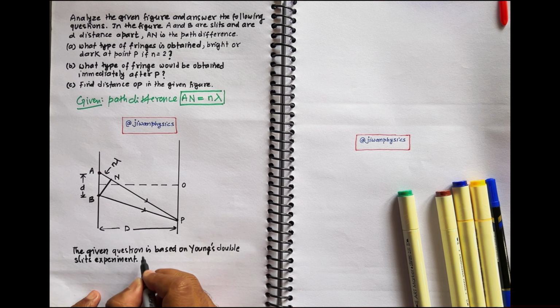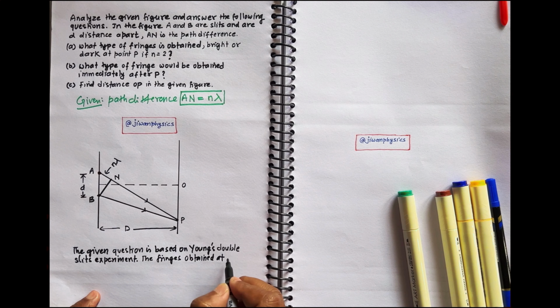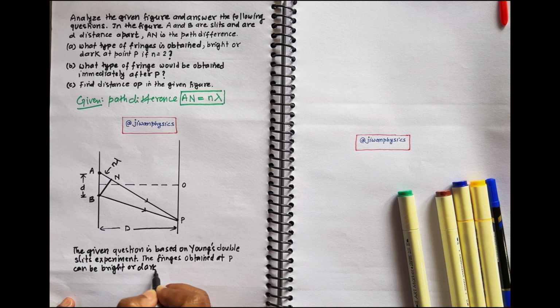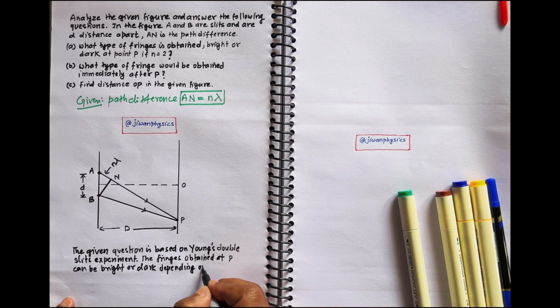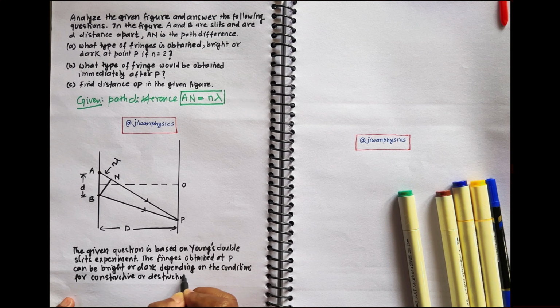So I'm writing, the fringes obtained at P can be bright or dark depending on the conditions for constructive or destructive interference.